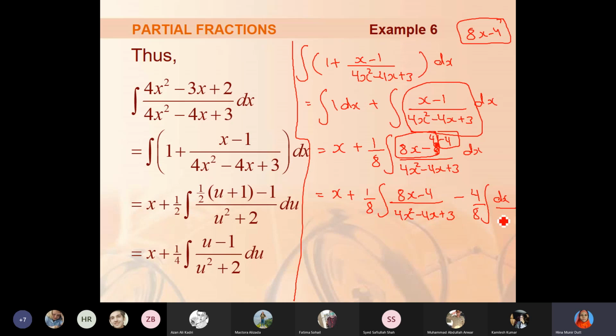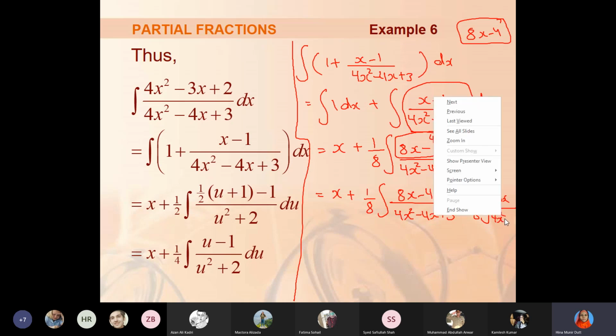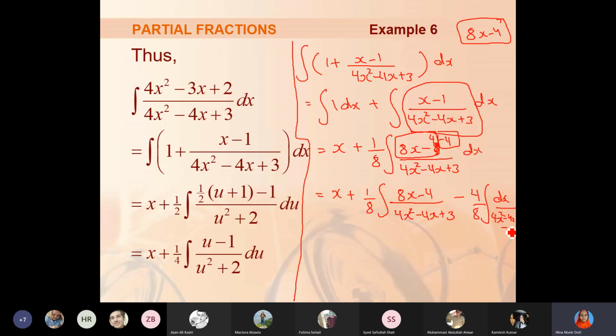This is 4x square. Yes. ये यहाँ पे -8 है ना, -8 को ब्रेक करके लिखा -4 इंटू -4. ये -8 से पहले मल्टीप्लाई किया था 1 over 8.